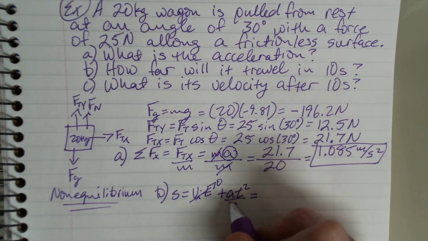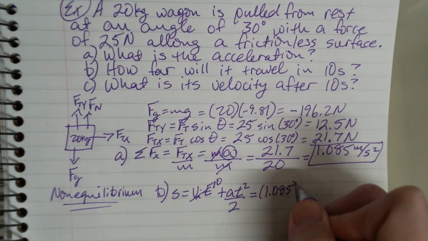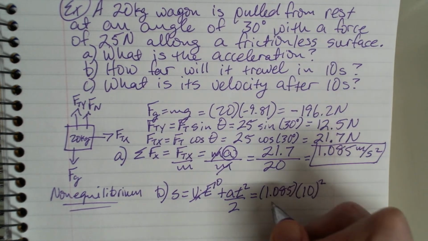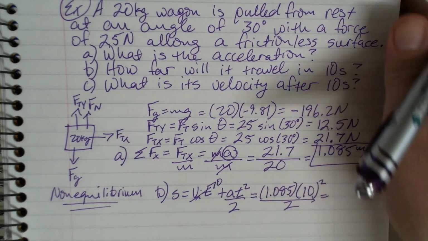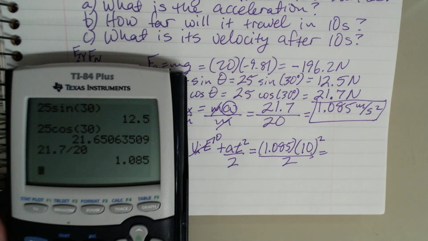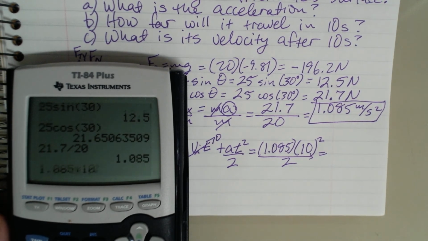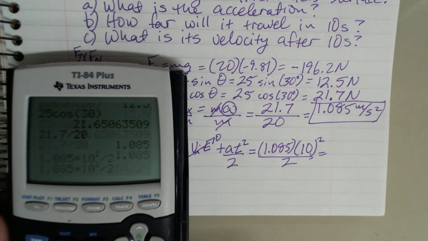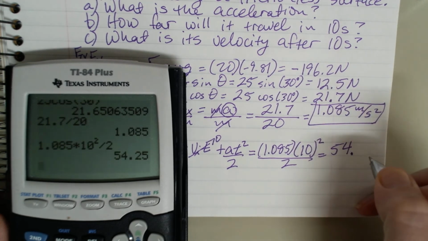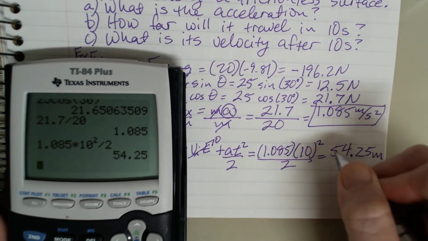I know my time, and I now know my acceleration. So it's just 1.085 times 10 squared over 2, which is 54.25 meters.